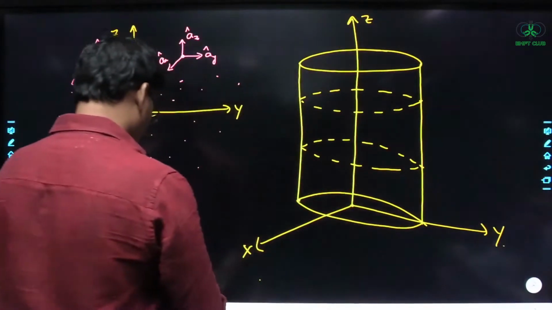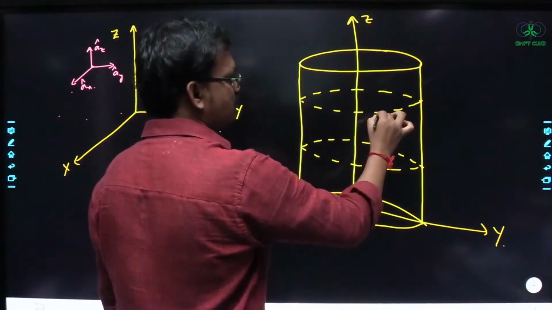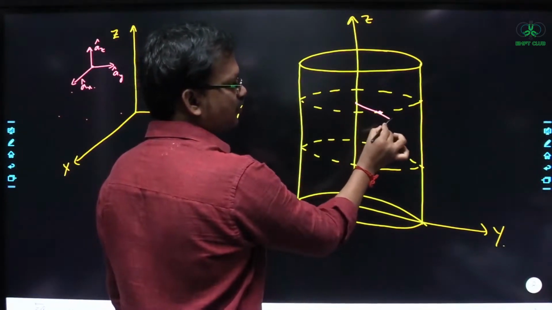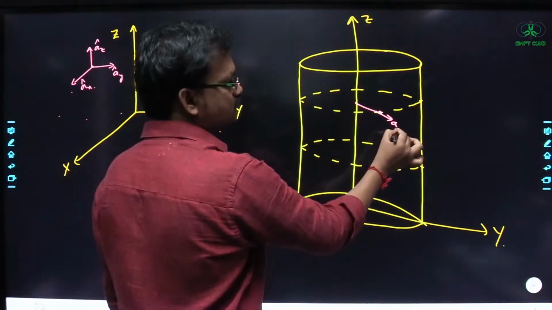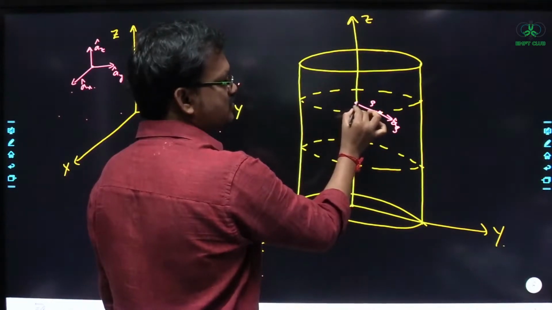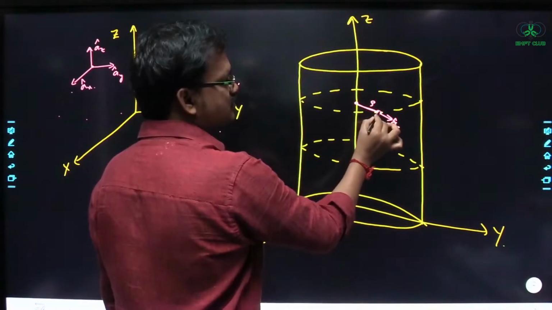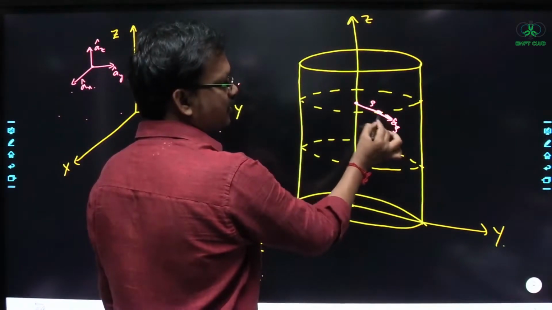Now if I consider aρ cap direction here, at this point the direction of aρ cap is going to point in this direction. This is rho. The normal distance from the axis of the cylinder to any point on the surface of the cylinder is nothing but rho. So aρ cap is going to point in this direction.